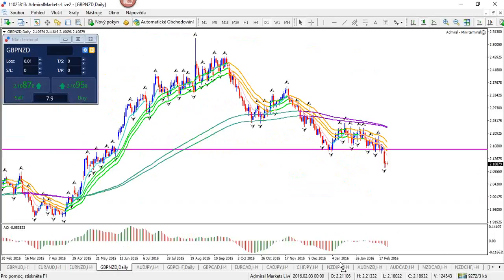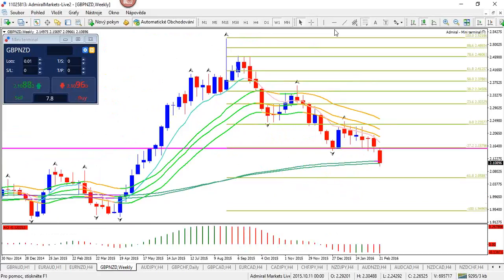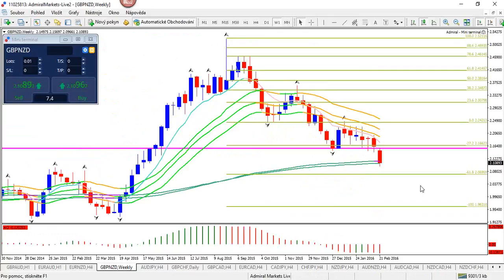We're at the long-term moving average of the weekly, but that doesn't mean the price will have to stop right there. It could still fall down to the 61.8 target at close to 2.07.